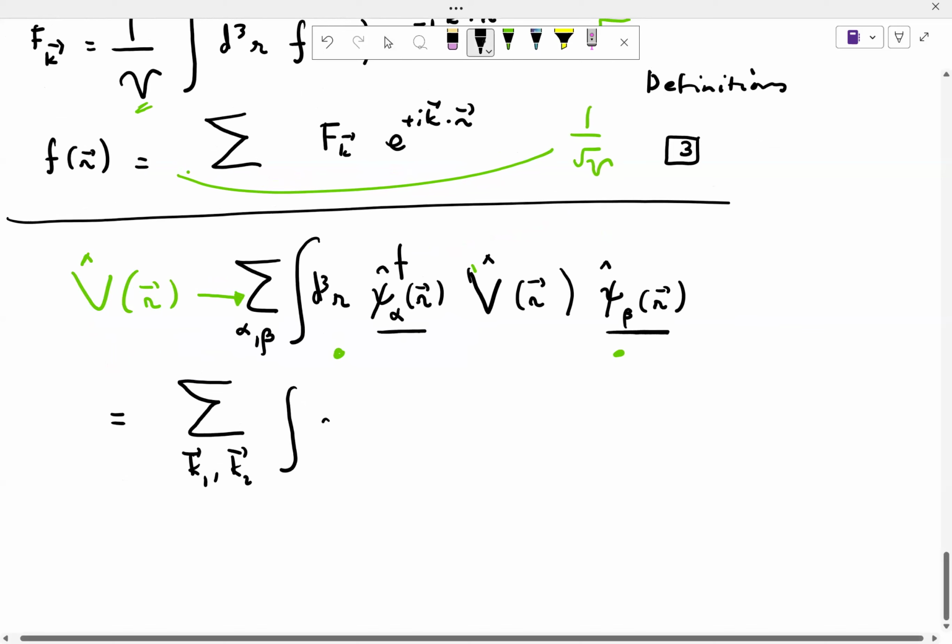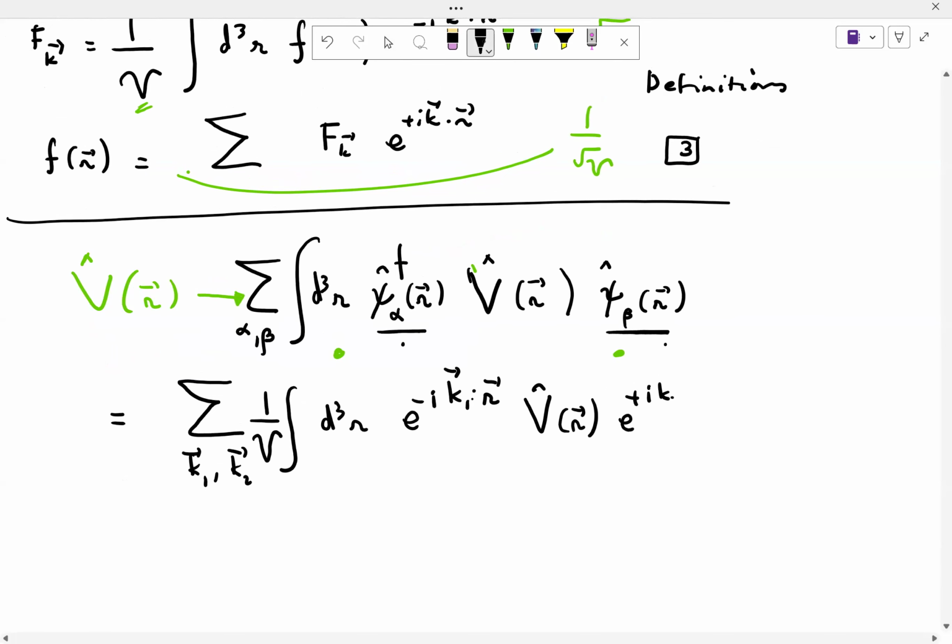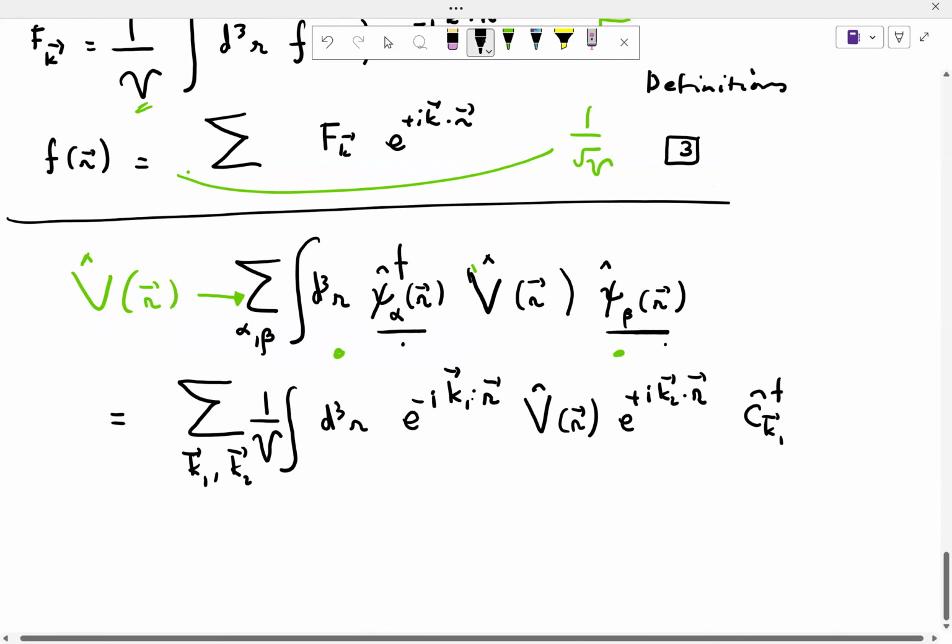I have d cube r. I get a 1 over under root V from here and a 1 over under root V from here. I get a 1 over volume followed by e to the minus i k1 dot r, V(r), e to the plus i k2 dot r, c k1 dagger c k2.